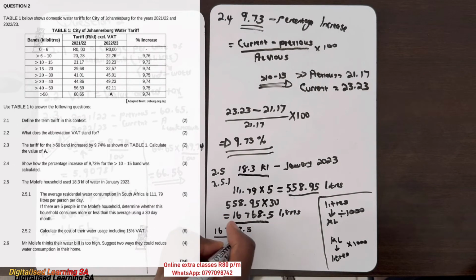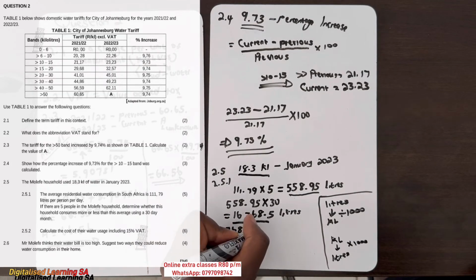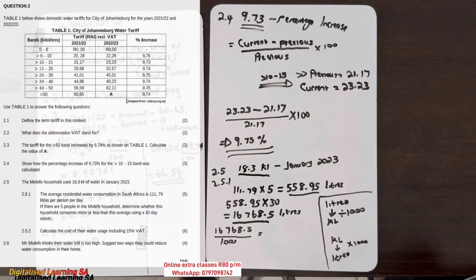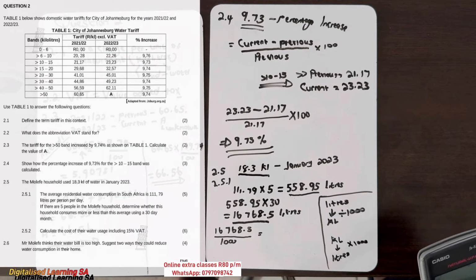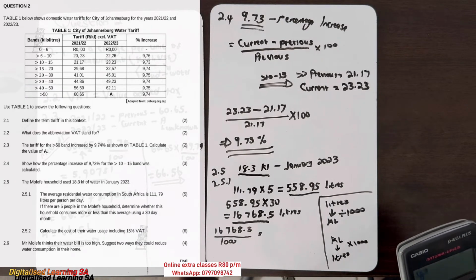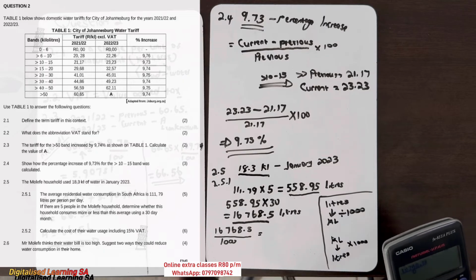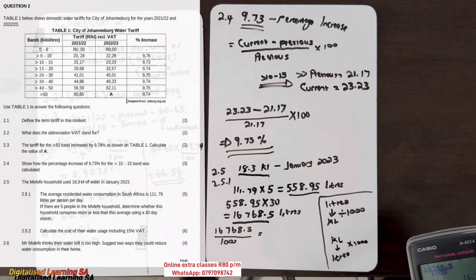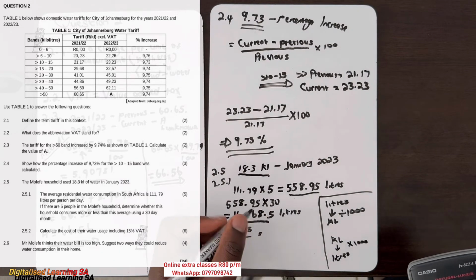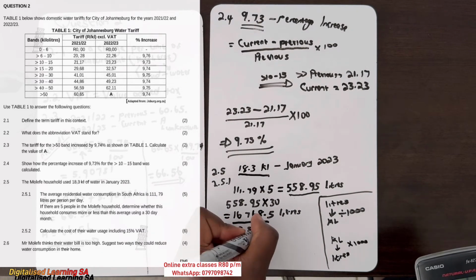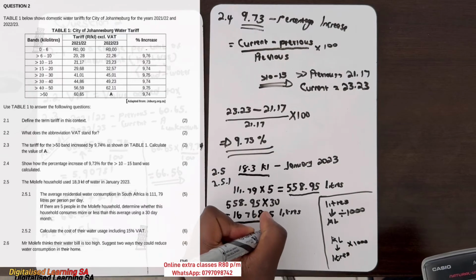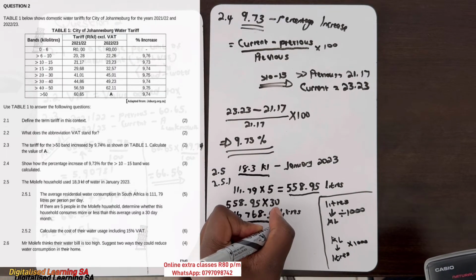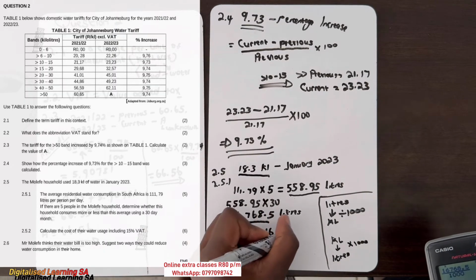So let's do that. Let's quickly plug that on our calculator. 16,768.5 divided by 1000. If we do that, we get 16.77 after rounding it off.